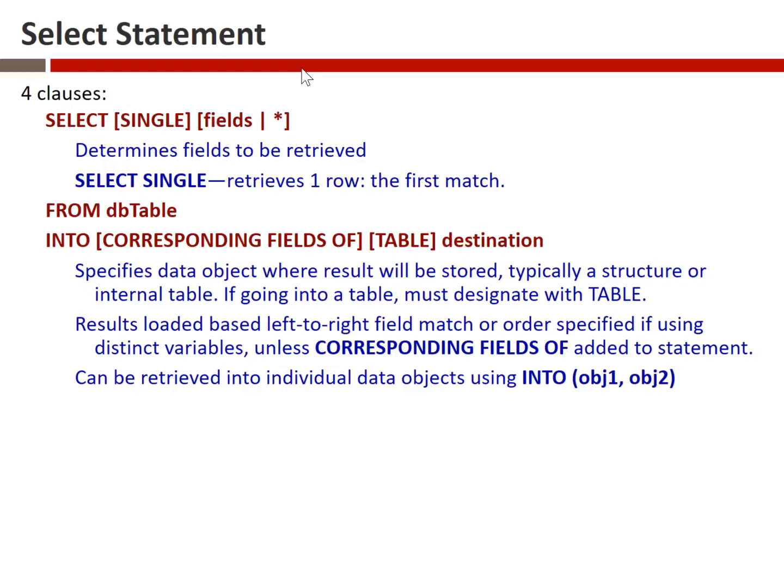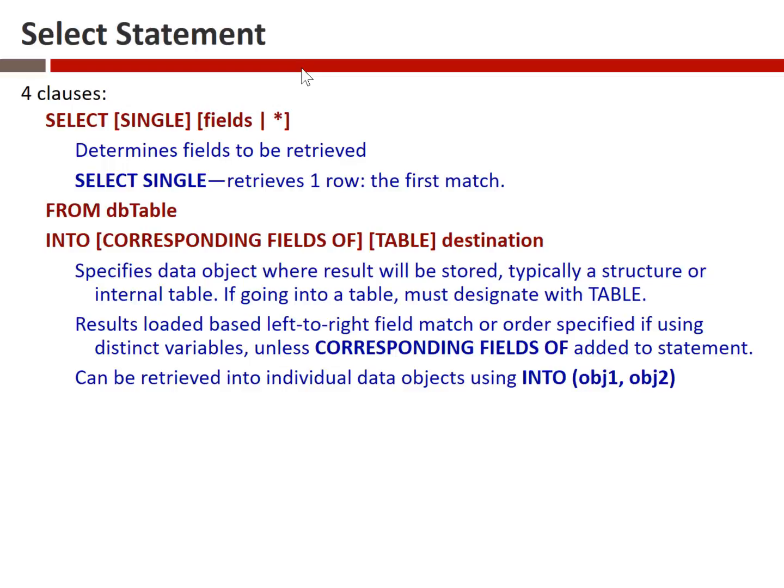I could, for example, say select first name from customer table into, and then I could list in parentheses just a normal data object like fname, because I know the result of that particular selection is just going to be a single, let's say, character string in this instance.